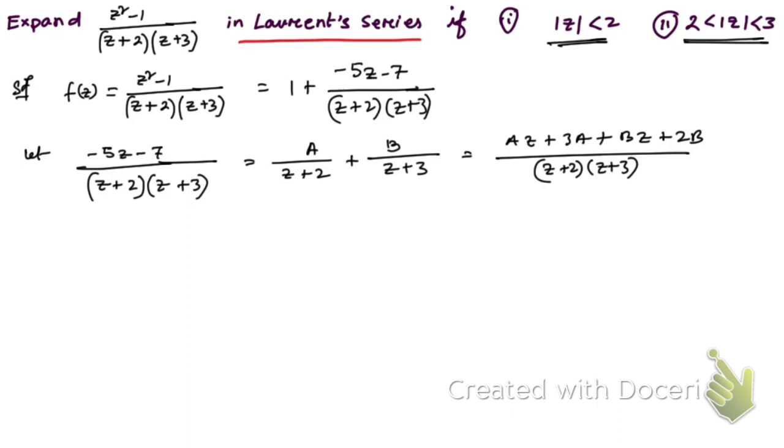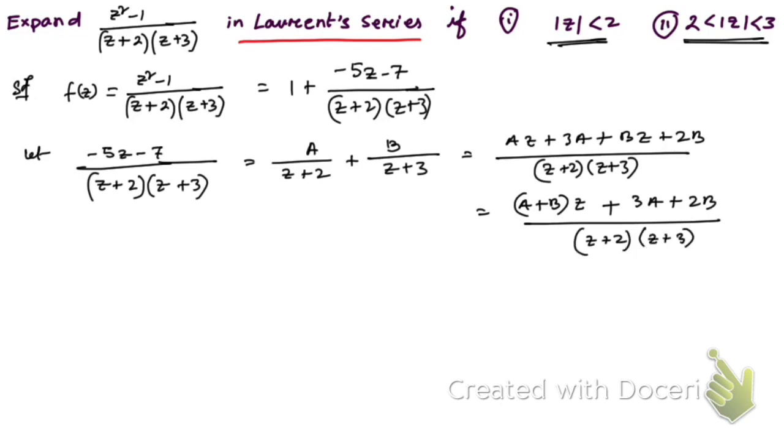Now if you take z common from az and bz, you can write a plus b into z, plus 3a plus 2b, divided by z plus 2 into z plus 3, right?